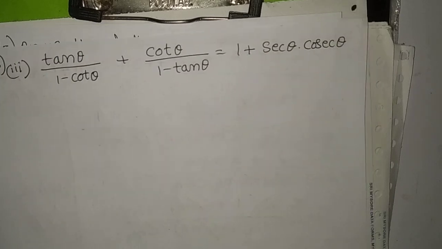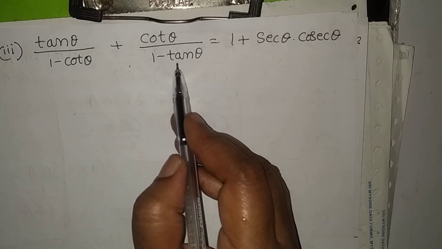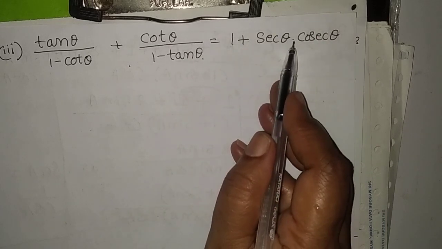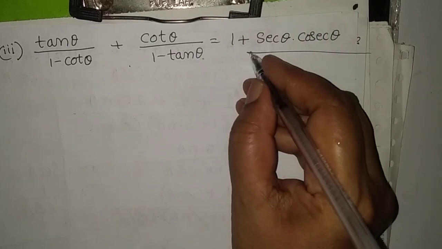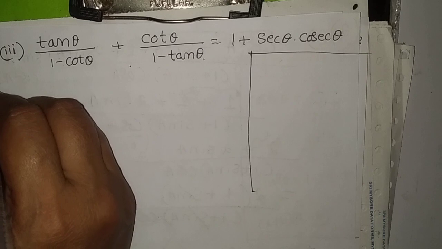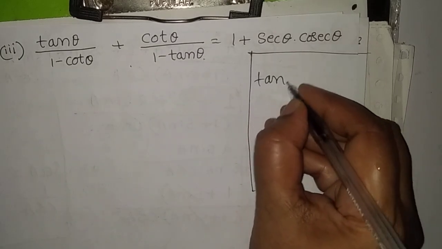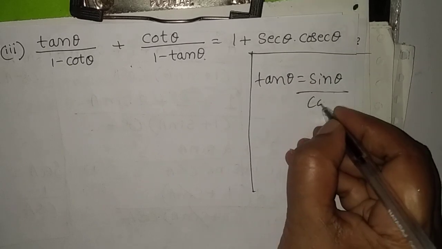Tan theta by 1 minus cot theta plus cot theta by 1 minus tan theta is equal to 1 plus secant theta into cosecant theta. We have to prove LHS is equal to RHS. We use tan theta is equal to sin theta by cos theta.